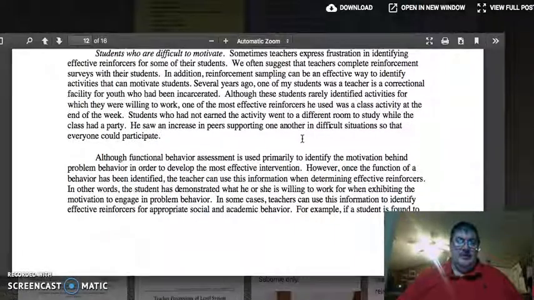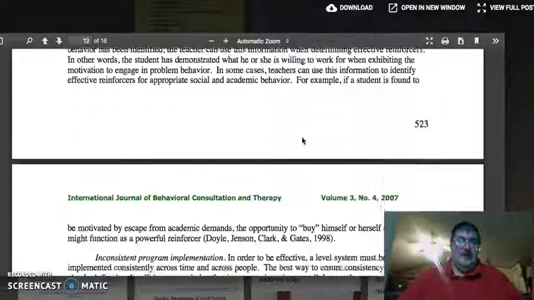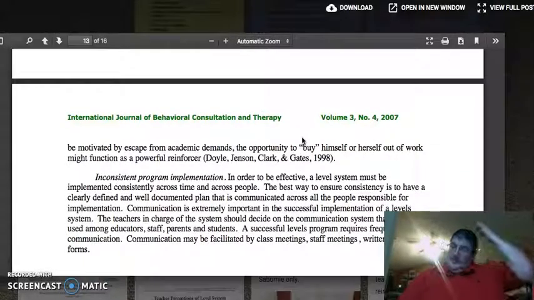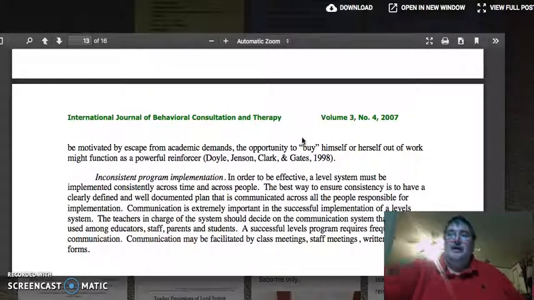of the level system, what they thought were the findings. Most people tend to think that level systems are outdated and are not effective.